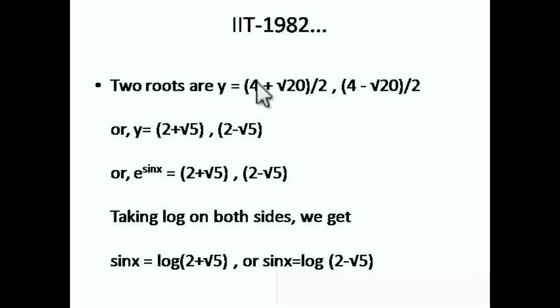So minus of minus 4 is 4, plus or minus square root of D, that is root 20, by 2a, that is 2. So we have two roots, 4 plus root 20 by 2 and 4 minus root 20 by 2. Now the 2 gets cancelled out, so it becomes 2 plus root 5 and 2 minus root 5. So we have two values of y, that is 2 plus root 5 and 2 minus root 5.